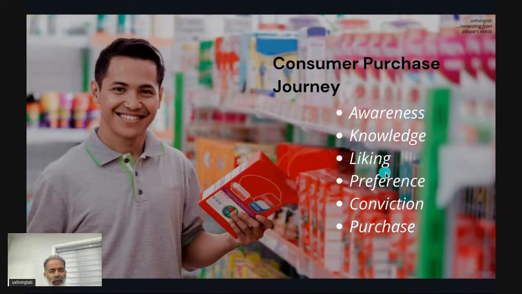Think about it: he decides about the product, then he decides about the brand. Most of the cases are like that. For example, I need a car. Then which car? What car do I have to buy? That is brand 1, brand 2, brand 3, brand 4, like that. So I have to learn about different brands. So that's gaining the knowledge.